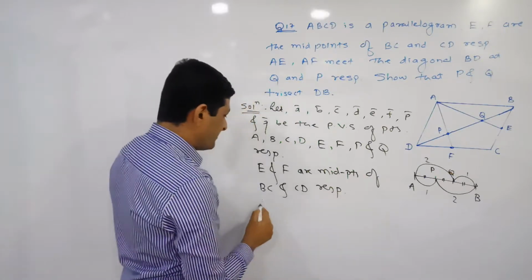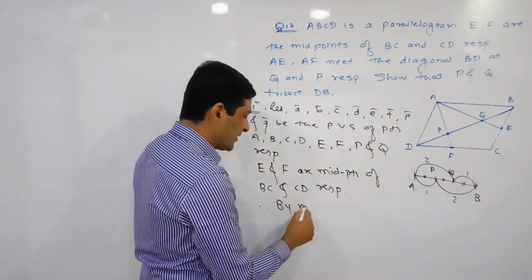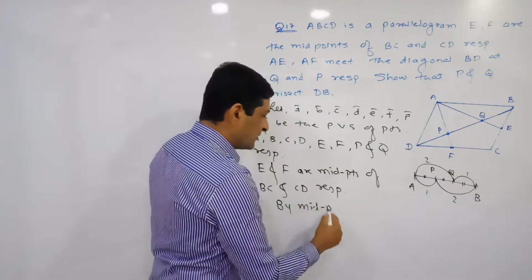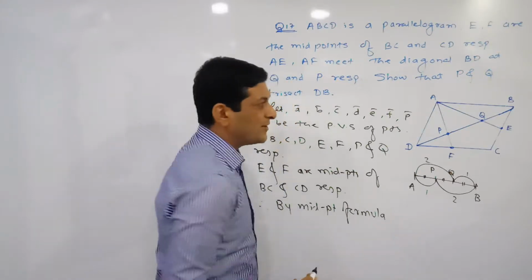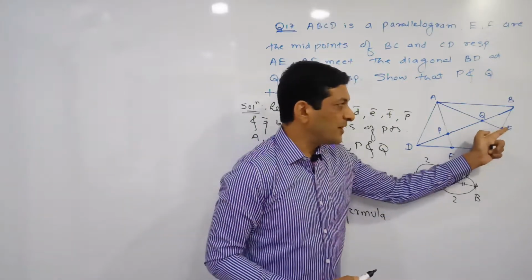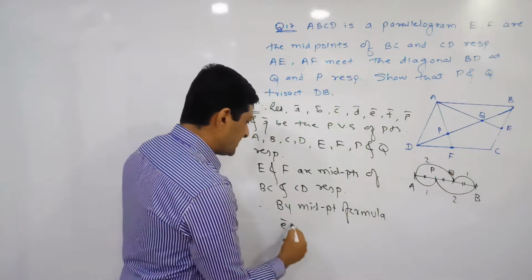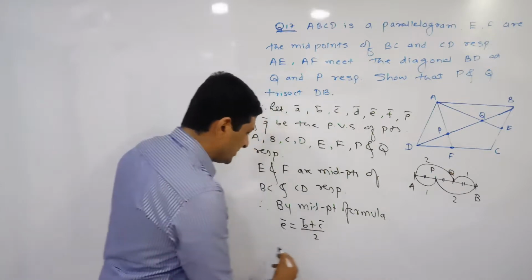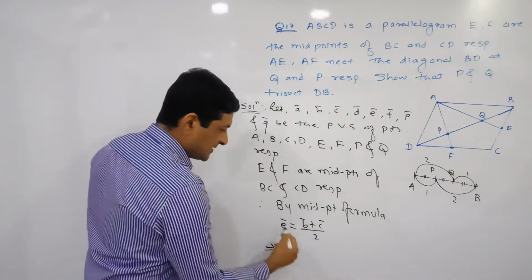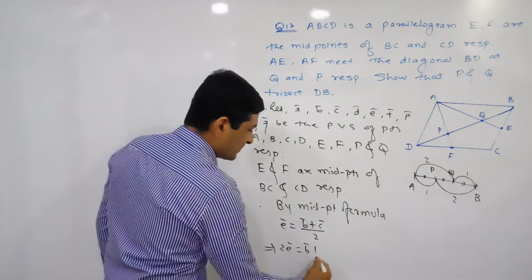So therefore by the midpoint formula, let us see what result we get. What is the value of E bar according to the midpoint formula? E bar is equal to B bar plus C bar upon 2, which implies twice E bar is equal to B bar plus C bar.